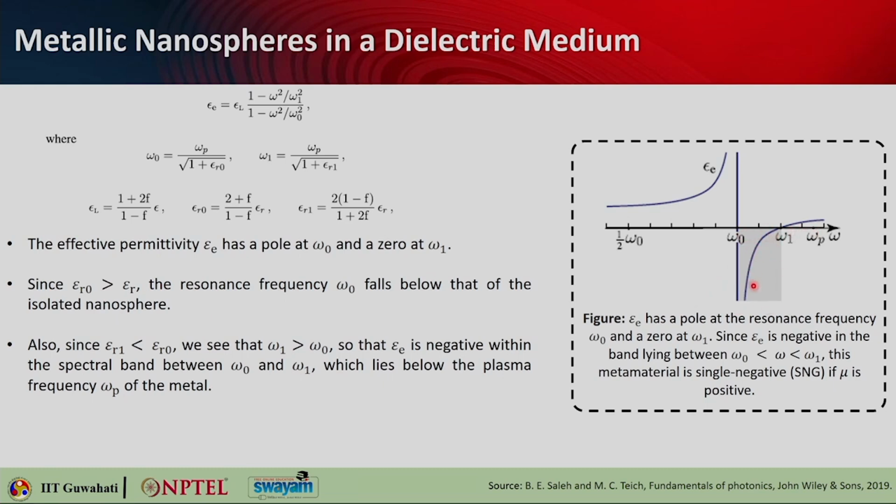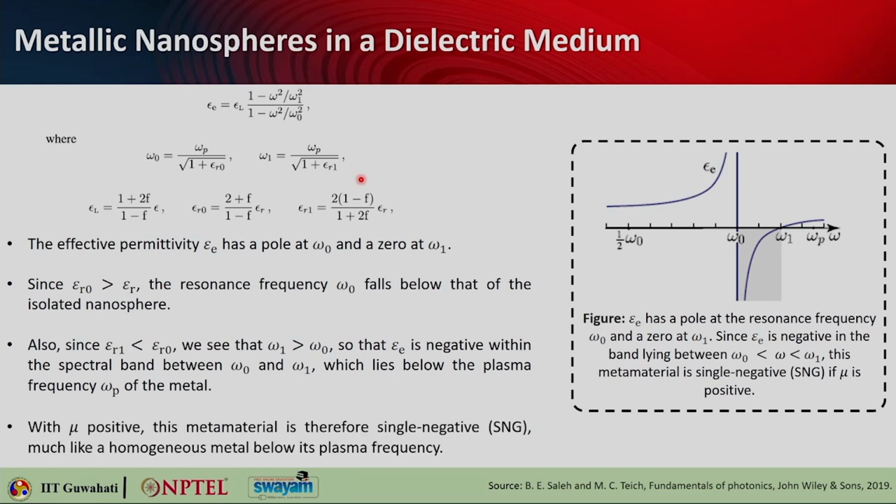So you are able to design an artificial metal. What will be the exact plasma frequency? That is here, which is omega 1. That is where it will cross from negative to positive. So you can decide what omega 1 is depending on the materials that you are using. That is how you are able to design an artificial metal.